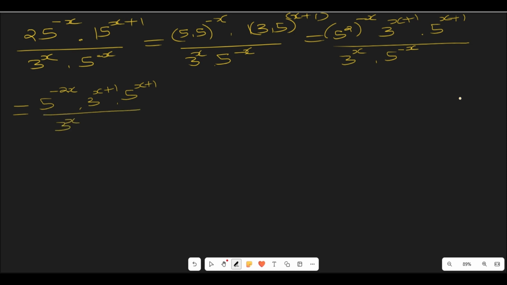So just to make sure that we are doing the right thing, we say 3 to the power x multiplied by 5 to the power negative x.